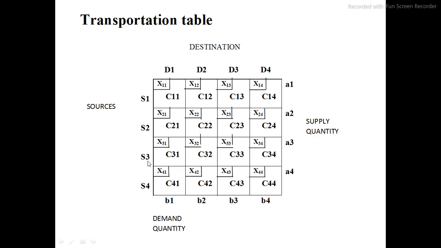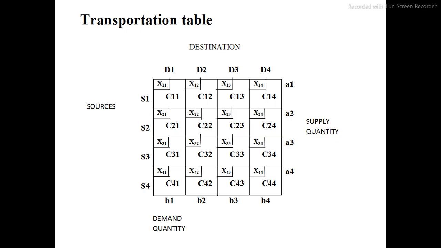There might be many warehouses, that means many sources, up to Si. Similarly, all warehouses will have some quantity for supply, up to Ai.